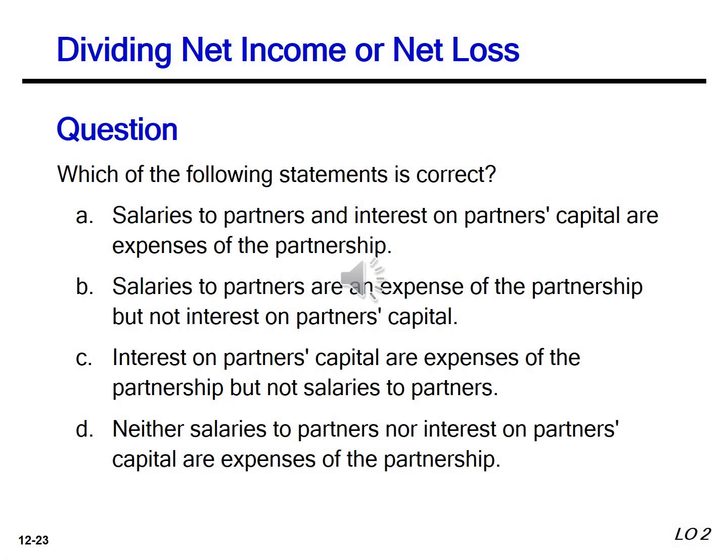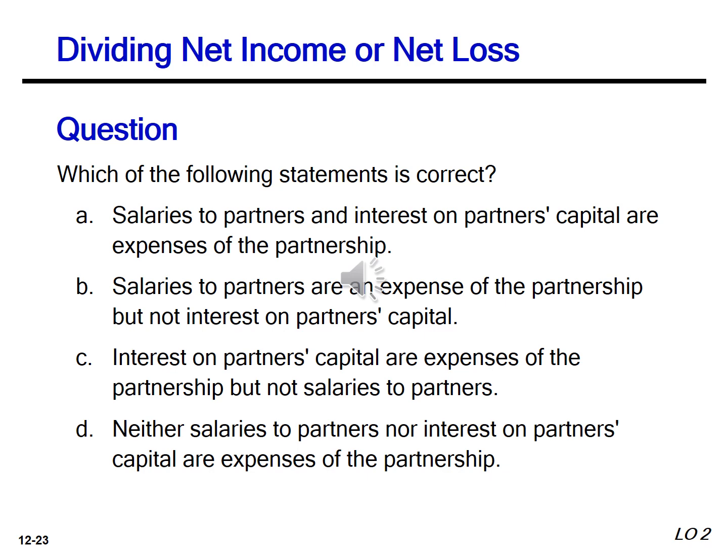Conceptual question. Which of the following statements is correct? A. Salaries to partners and interest on partners' capital are expenses of the partnership. B. Salaries to partners are an expense of the partnership but not interest on partners' capital. C. Interest on partners' capital are expenses of the partnership but not salaries to partners.